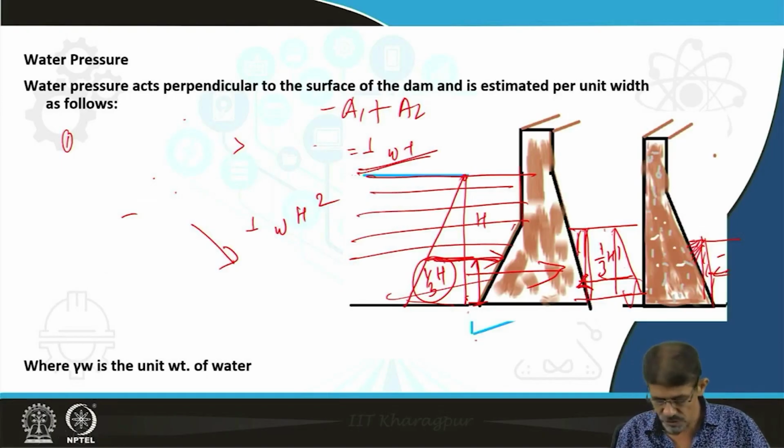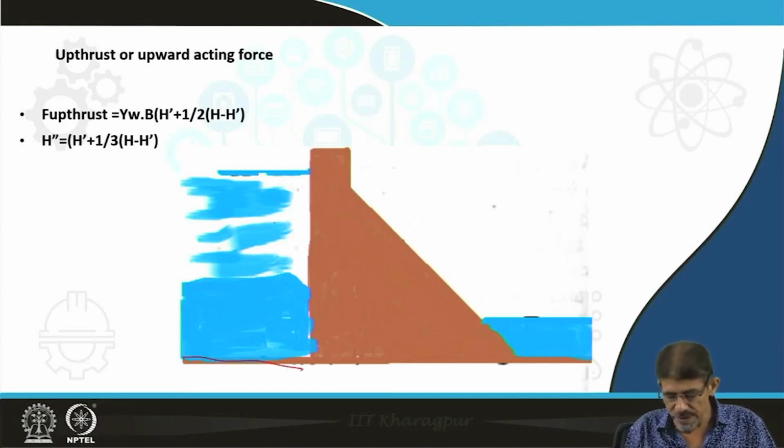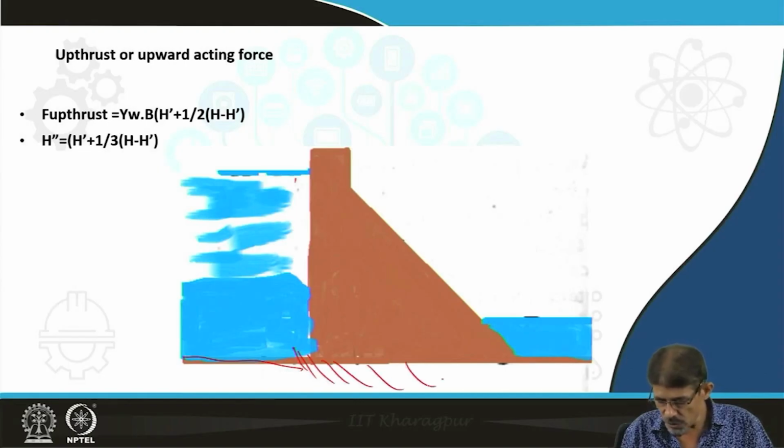In addition to this, we have upthrust due to percolation of water. Here you can see the upthrust. The water present here percolates through this and creates pressure, that is the upthrust.